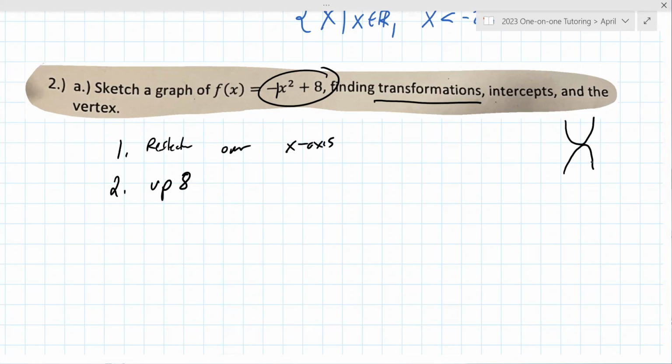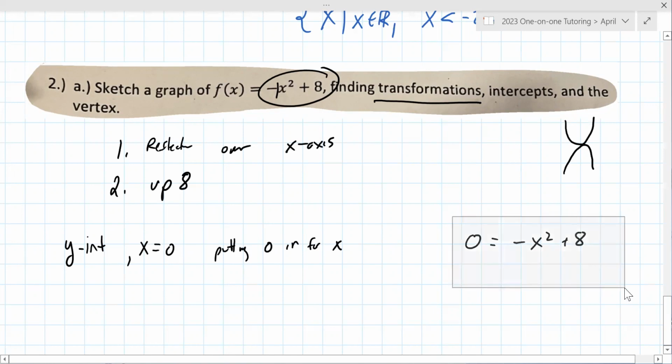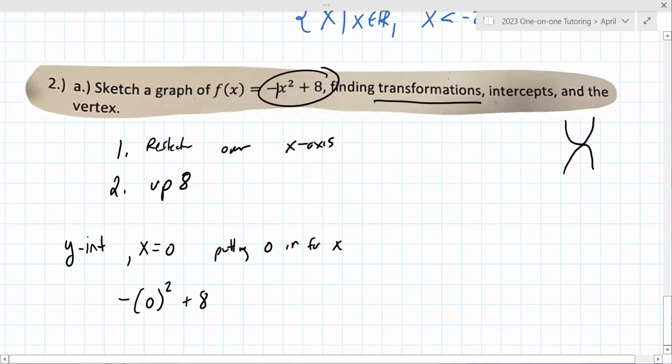All right, intercepts. I think it's easier to do the y-intercept first. That's x equals 0. You're literally putting 0 in for x. So it's minus parentheses 0 squared plus 8.